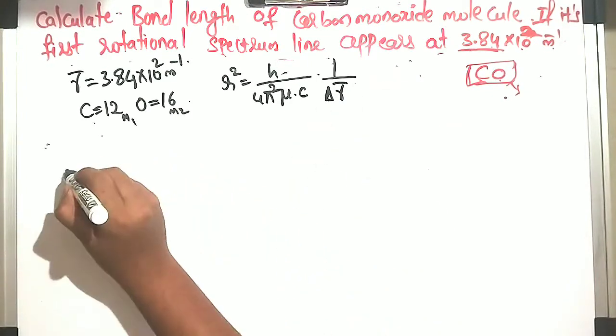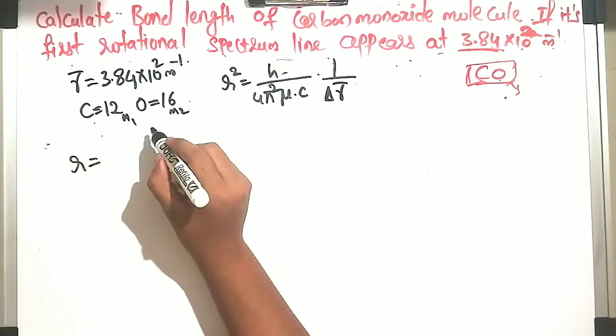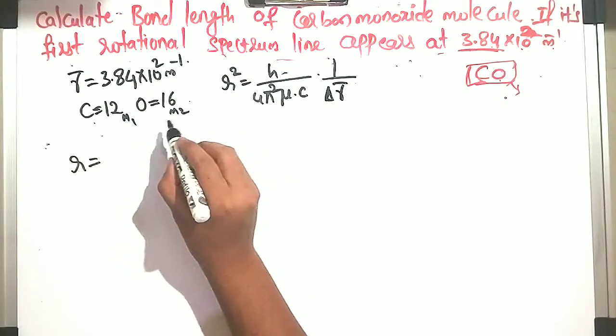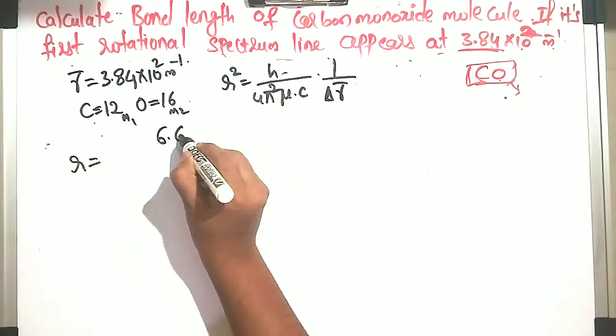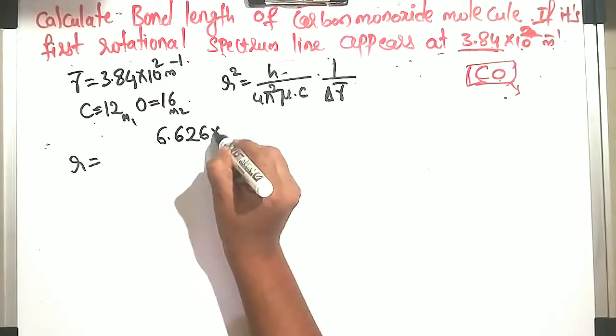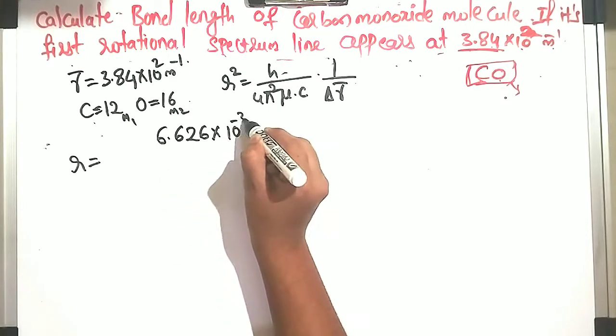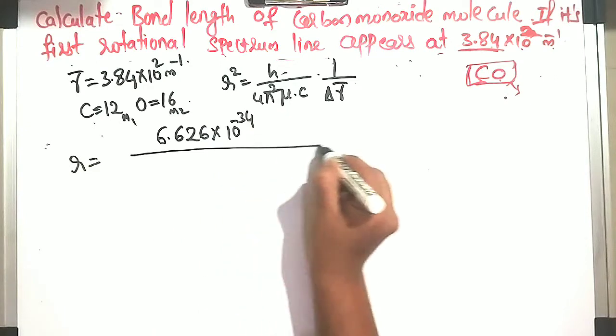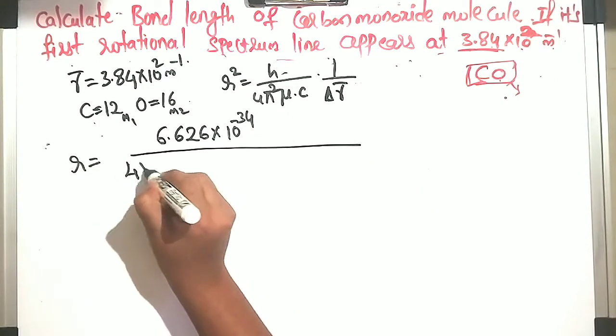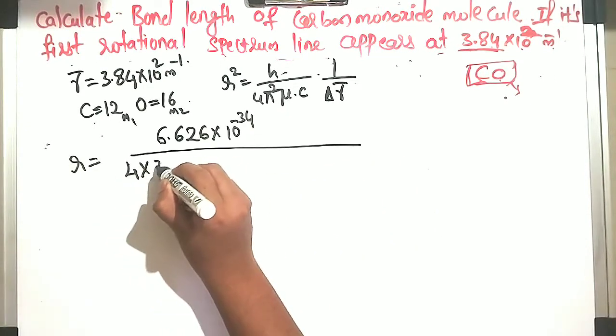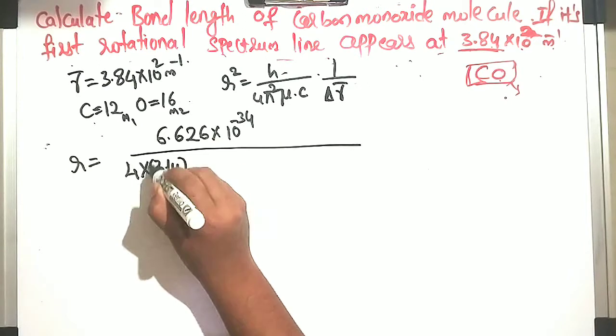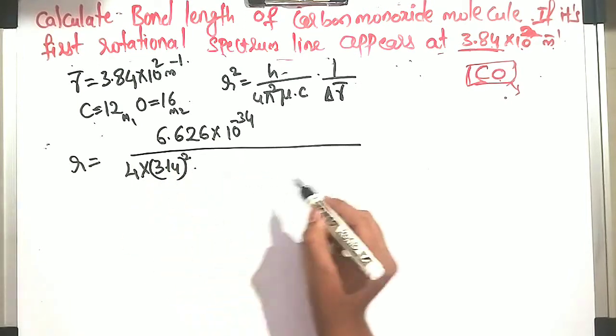So put the values here. R square equals h, which is Planck's constant. What is the Planck's constant value? 6.626 into 10 to the power of minus 34 divided by 4. What is the pi value? 3.14 square. Okay. What is mu?